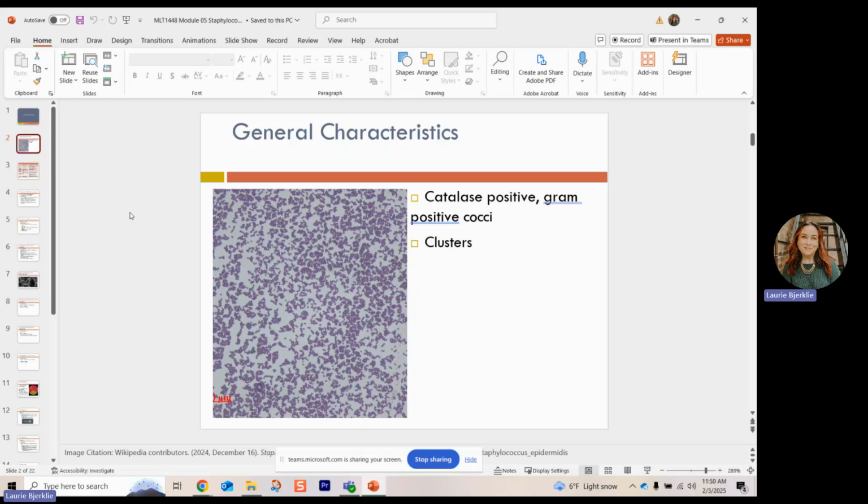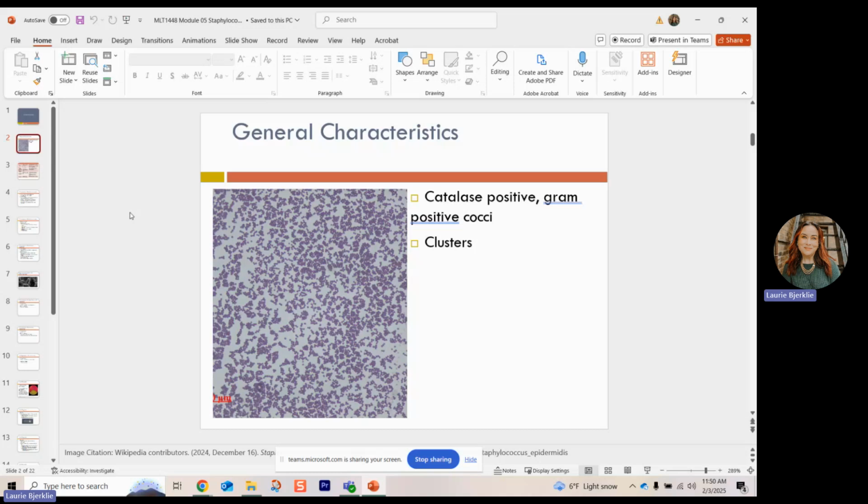Image gram stain seen here. They're also very much catalase positive. So this is where we're going to first really start delving into some of the biochemical testing that we perform to begin identifying what we're playing with. Anytime that we are looking at an organism, we of course gram stain first. We've already learned that. And in this case, it comes up a gram-positive cocci.